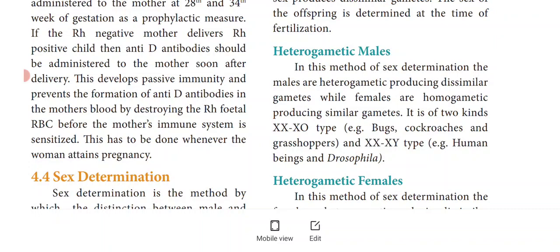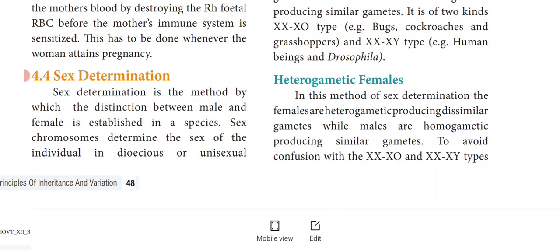In heterogametic males, the males produce dissimilar gametes. There are two kinds: XX, XO type, for example bugs, cockroaches and grasshoppers, and XX, XY type, for example human beings and Drosophila.